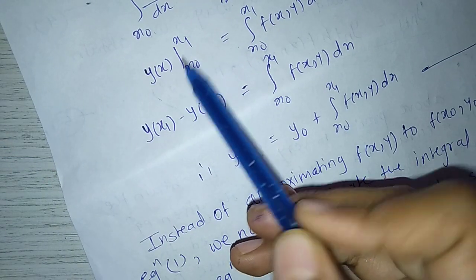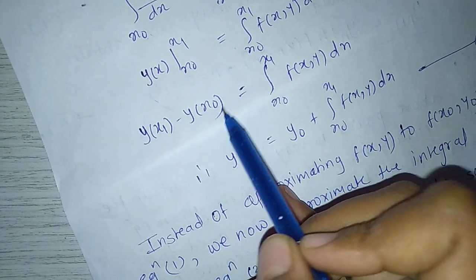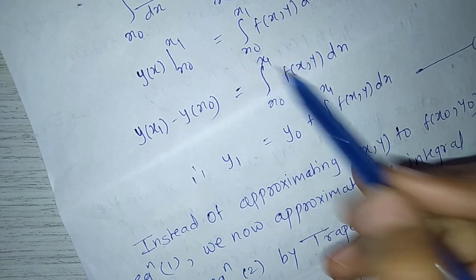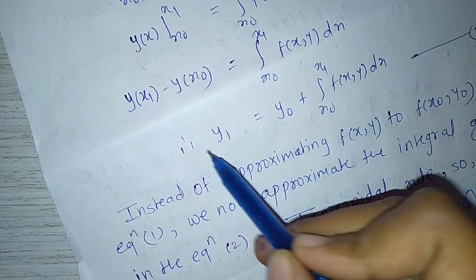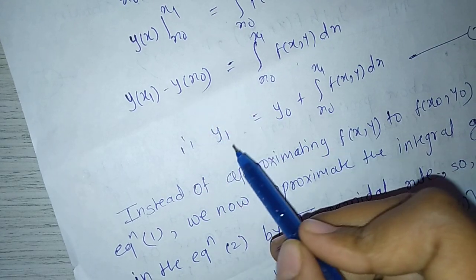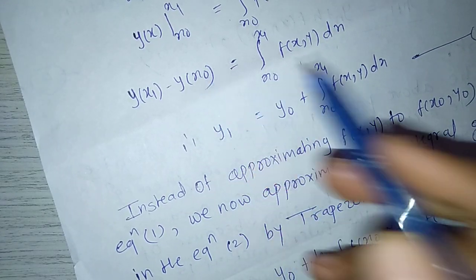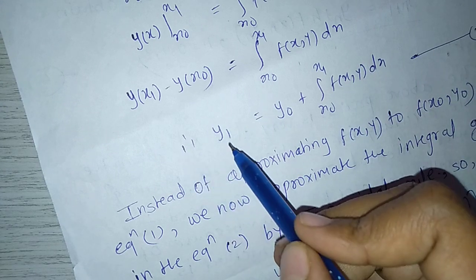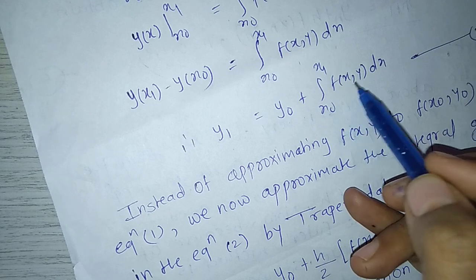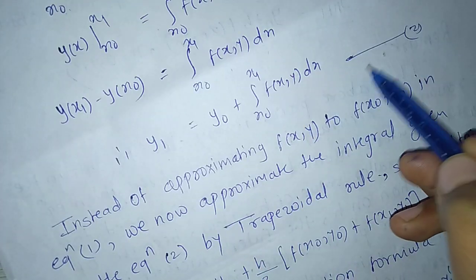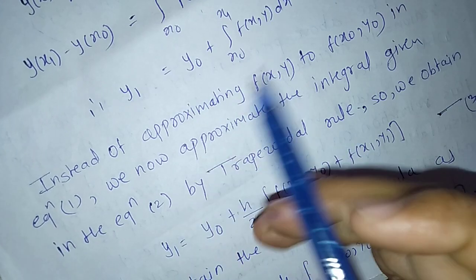After putting the limits, we get y of x1 minus y of x naught equal to integration x naught to x1 f of x, y dx. Therefore, y at x1 equal to y1 and y at x naught equal to y naught, which implies y1 equal to y naught plus integration x naught to x1 f of x, y dx. Give this as equation number 2.